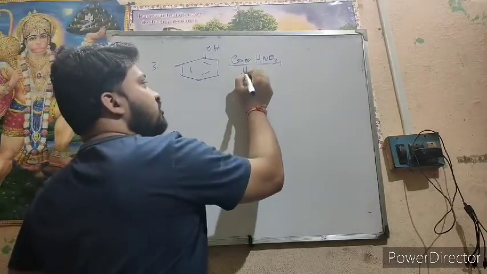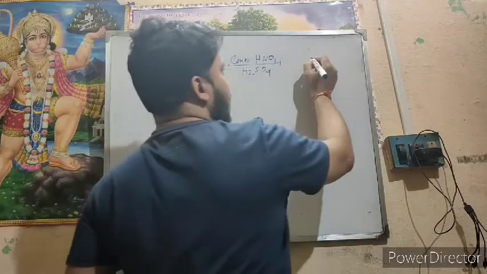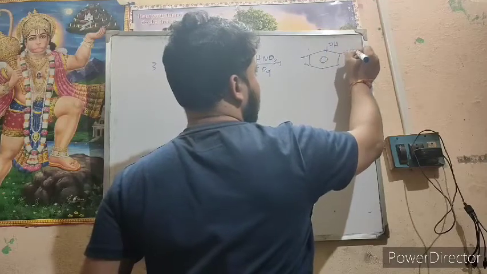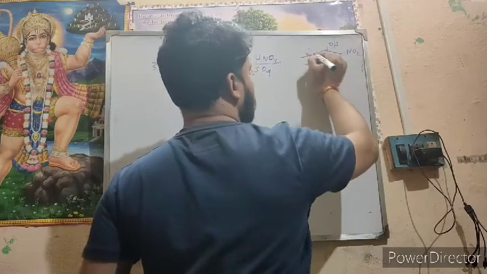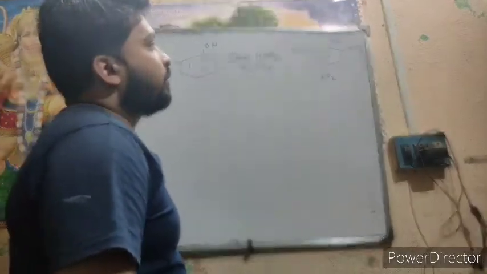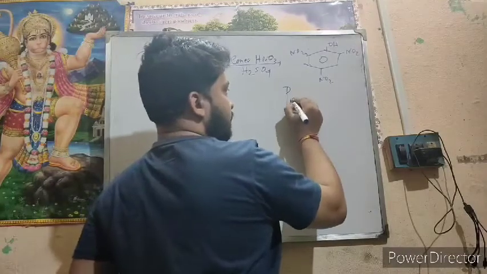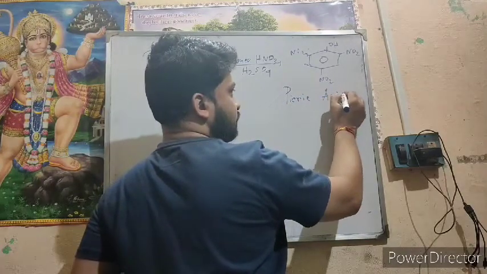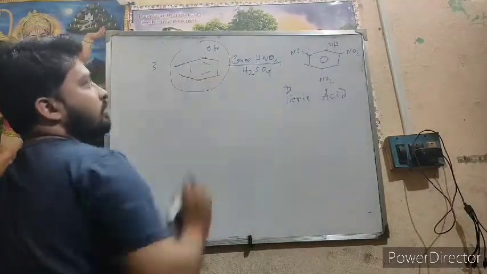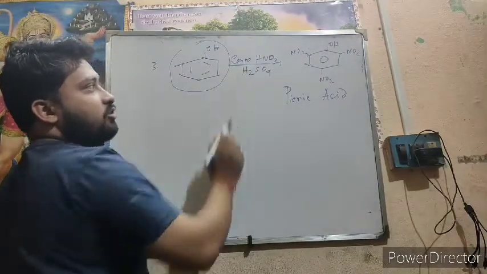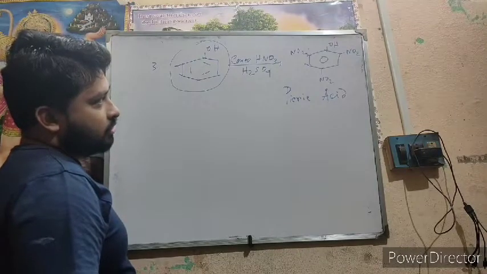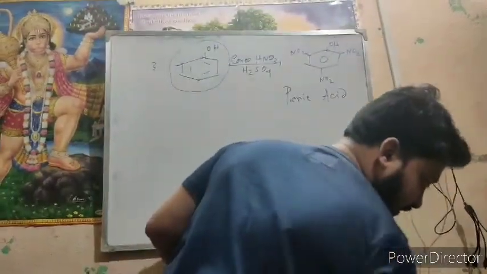If you use concentrated HNO3 and H2SO4, you get OH, NO2, NO2 and NO2, at ortho and para positions, and this is called picric acid. When phenol reacts with concentrated HNO3 and H2SO4, you get this picric acid.